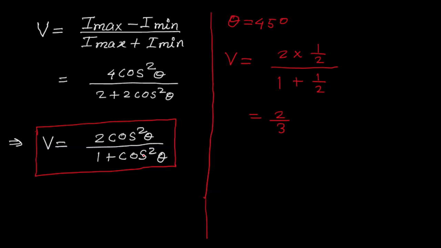So when you change the angle between the optical axis and the state of polarization of the incident wave, the visibility will also change. If you put them parallel to each other, that means theta equal to 0, visibility will be maximum. And if you put 90 degree, that means perpendicular to the incident wave, then visibility will be 0, so there will be no interference.